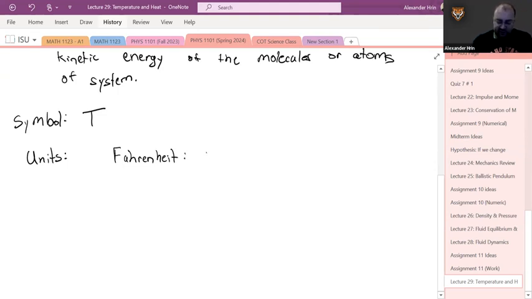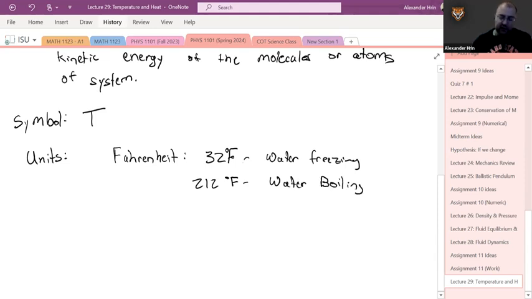The two reference points for Fahrenheit are 32 degrees Fahrenheit, which is water freezing, and 212 degrees Fahrenheit, which is water boiling. Okay.